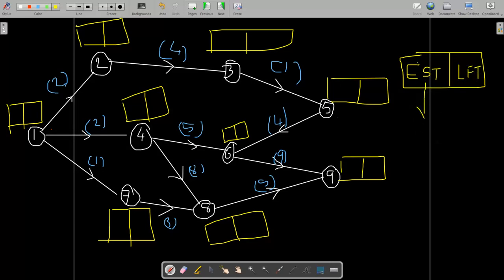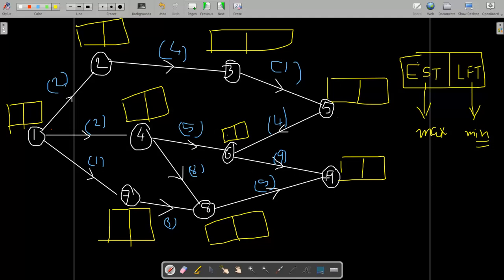The earliest starting time should be the maximum among all the paths, and the latest finish time should be the minimum from all. For example, at point 6 you can reach via 1 to 4 and 4 to 6, or 1 to 2, 2 to 3, 3 to 5 and 5 to 6. Whichever time is maximum, you write as the earliest starting time over here.